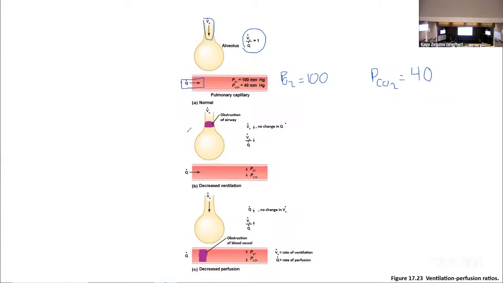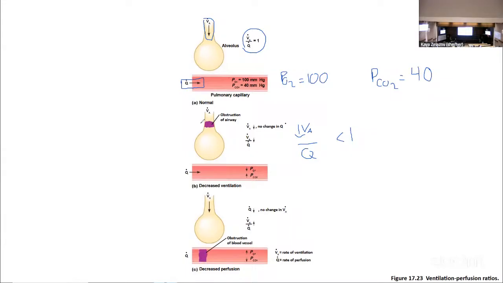And below we see what happens if we obstruct an airway in image B, and what happens if we obstruct a blood vessel in image C. So what we just looked at in our sample question was that situation where we have a drop in our ventilation and keep perfusion the same, so we have something less than 1 here.